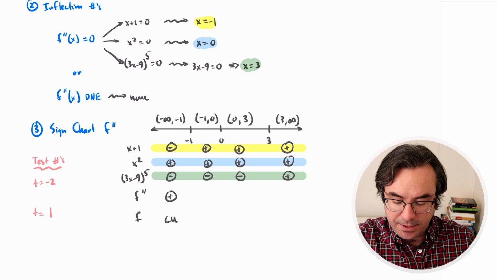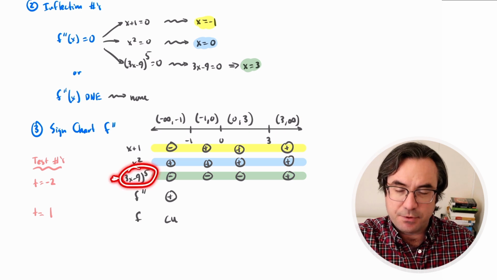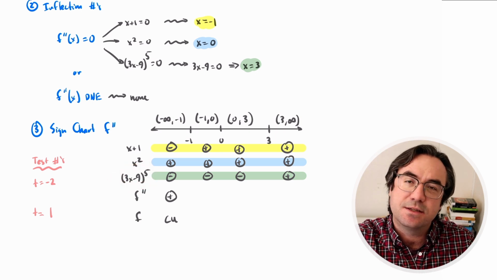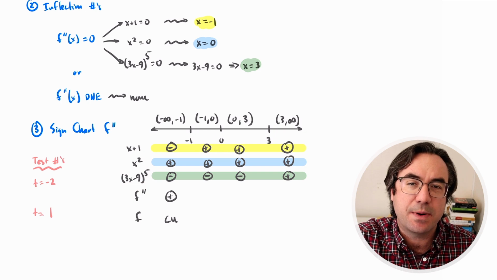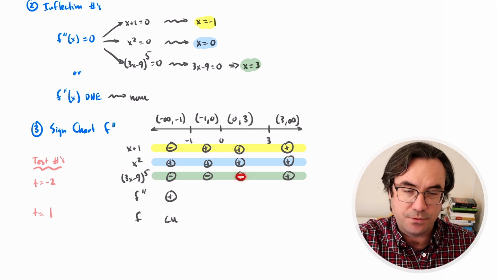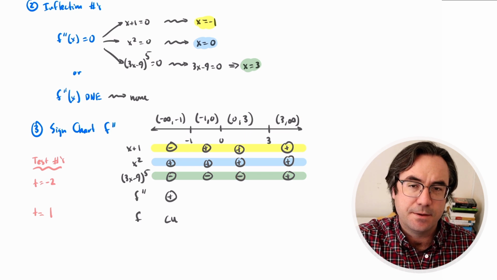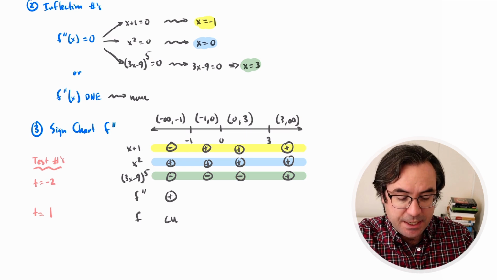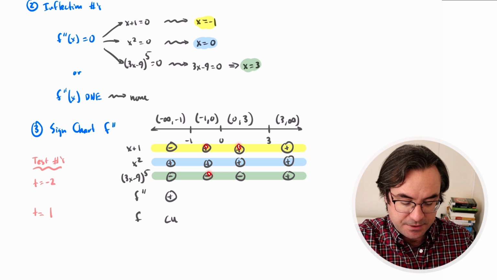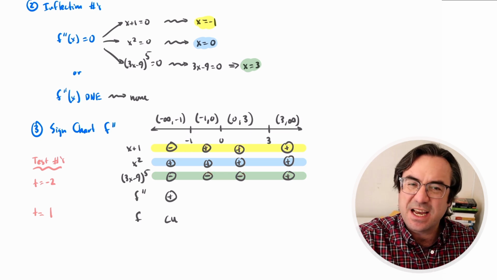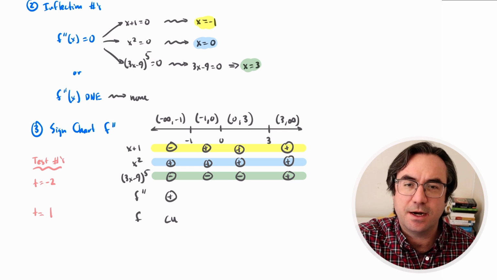And when we plug 1 into this factor, we get 3 minus 9, which is -6, and -6 raised to an odd power is still negative, so negative. You could keep using test numbers to get the rest of them, but this is an easier shortcut.